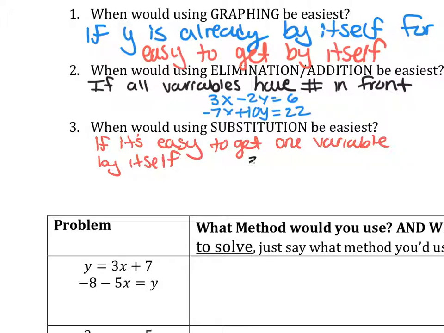So if we had 3x plus 2y equals 6, and x minus 7y equals 21, in this case it would be easy to get the second x by itself. You would just add 7y to both sides, and then you can use substitution like we did yesterday.